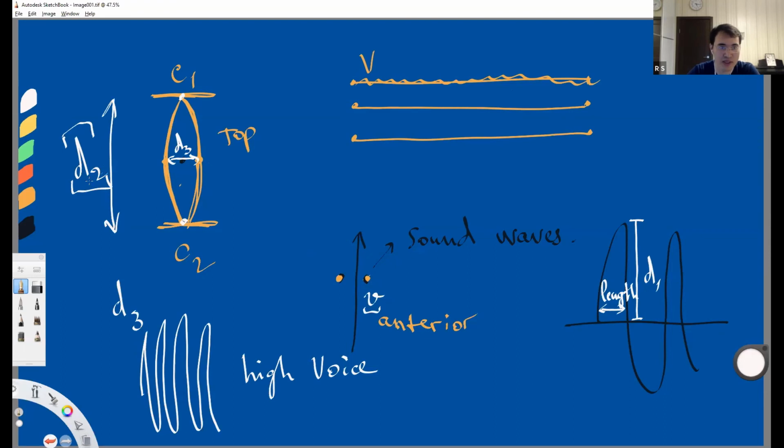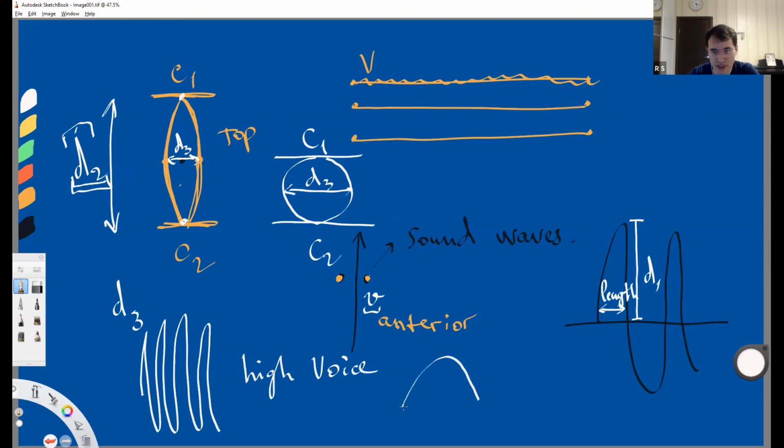And if we instead reduce the D2, so we have cartilage 2 and cartilage 1, our folds will be like this. So we increase the D3. And whenever we increase D3, our sound wave will look like this, so we also increase these lengths.